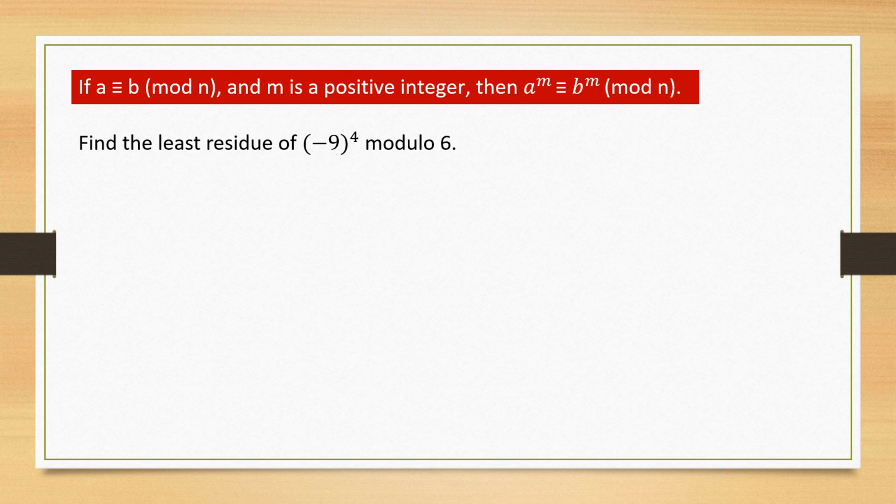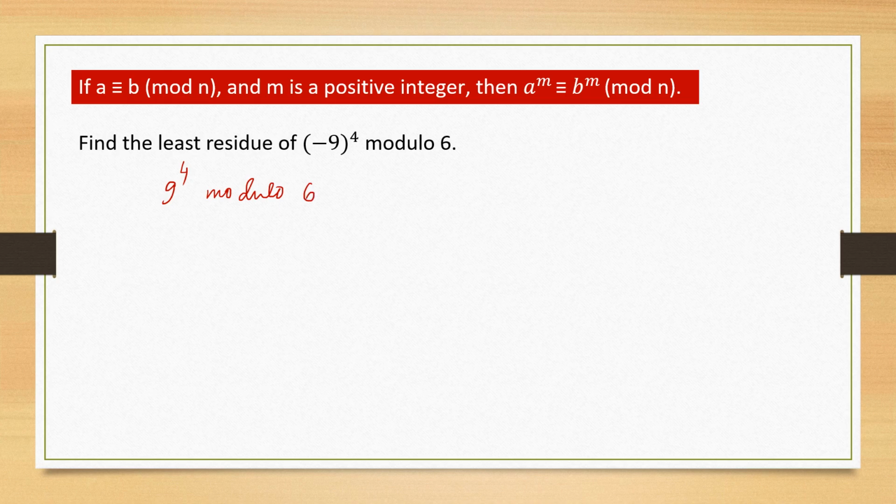Another example: find the least residue of negative 9 raised to the power 4 modulo 6. So negative 9 raised to the power 4 has the same meaning as 9 raised to the 4 modulo 6.